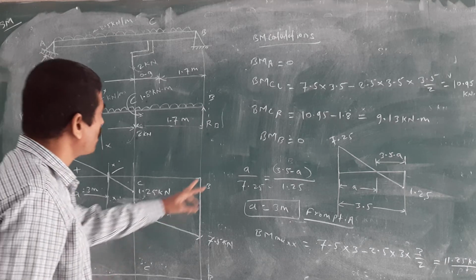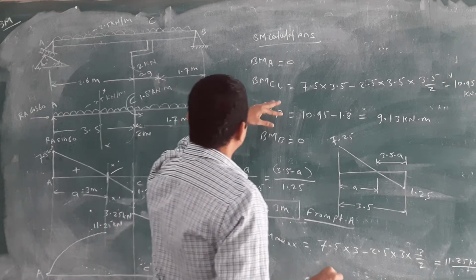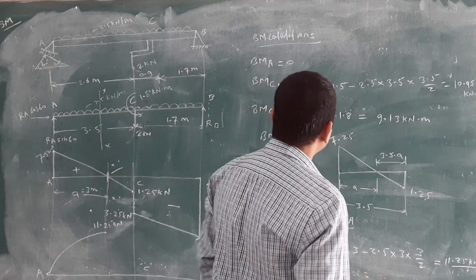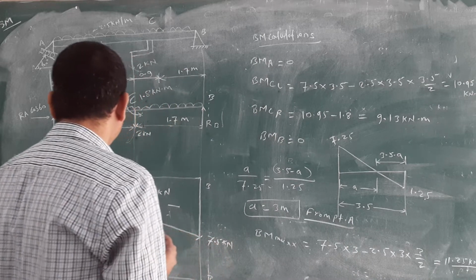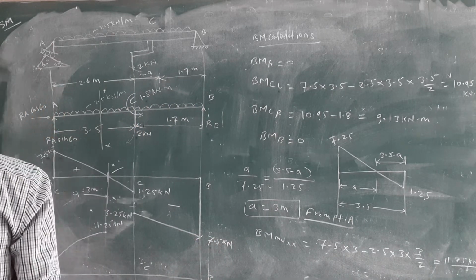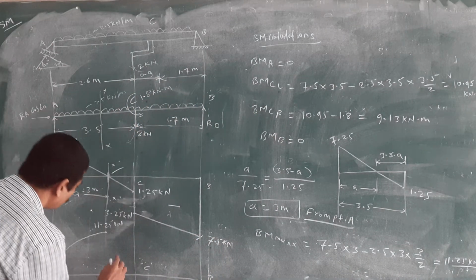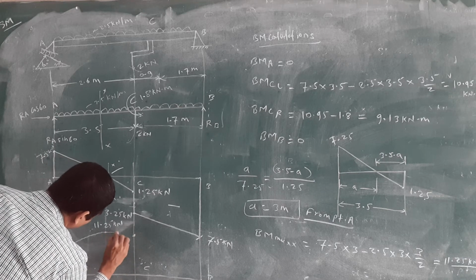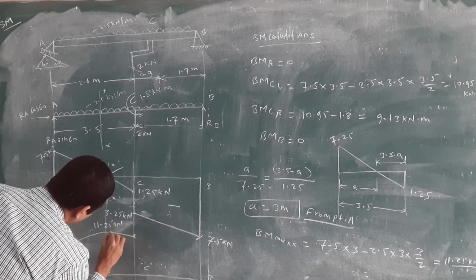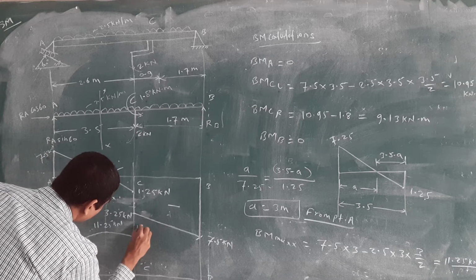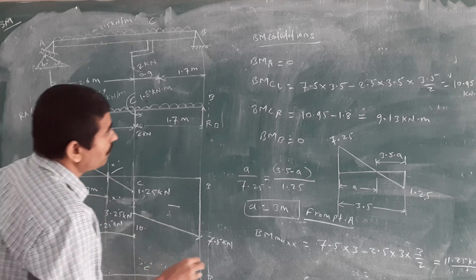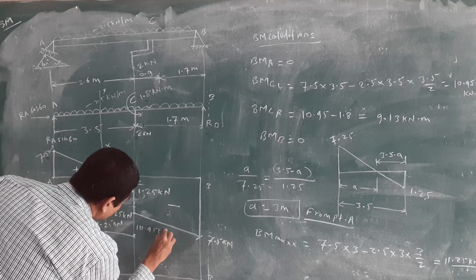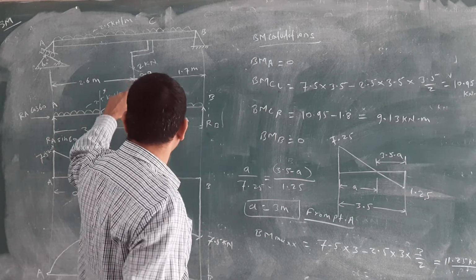Then after that, we have calculated the bending moment at the C point left side is 10.95, right? 10.95. Means we are coming just downward from this point. Again, we should draw the parabolic curve. 10.95 kilonewton meter.